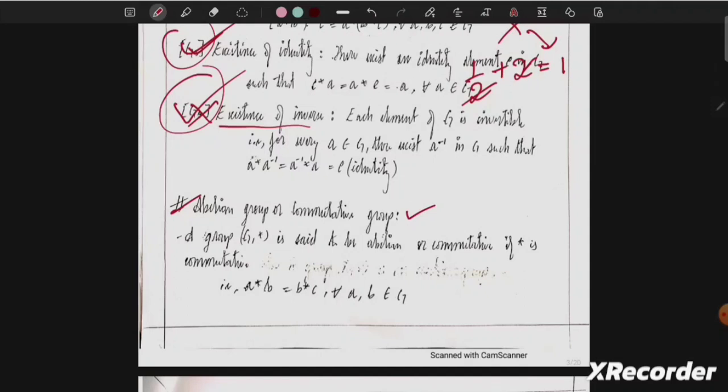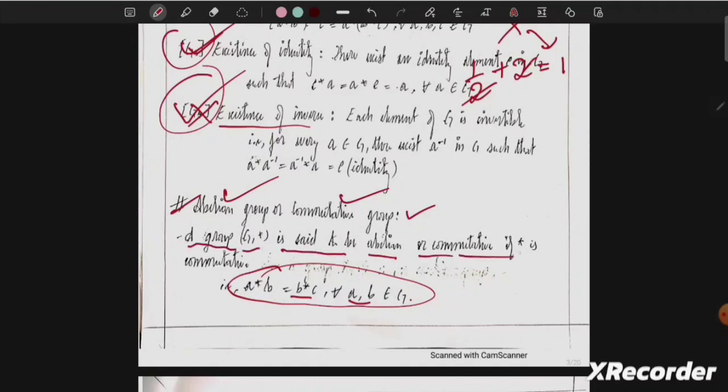If a set satisfies the above given conditions, it is called a group. And if that group satisfies this property, that is A star B equal to B star A, such that A, B belongs to G, it is called an abelian group or commutative group. A group (G, star) is said to be abelian or commutative if star is commutative.